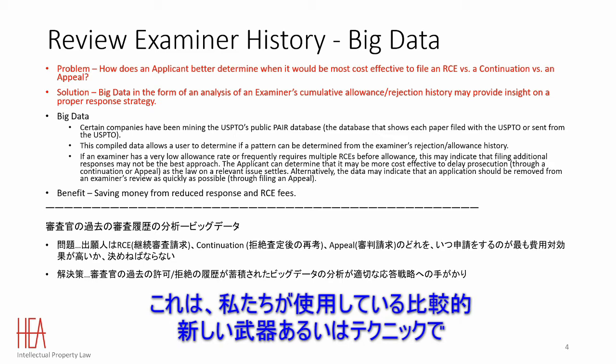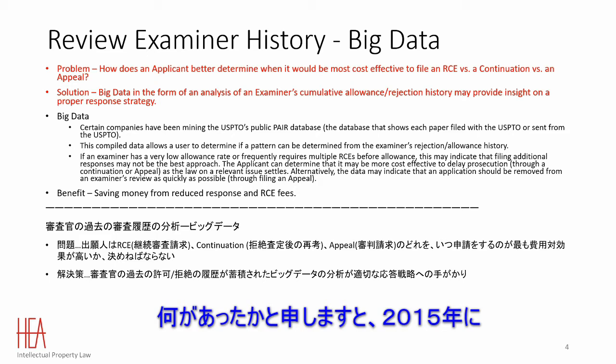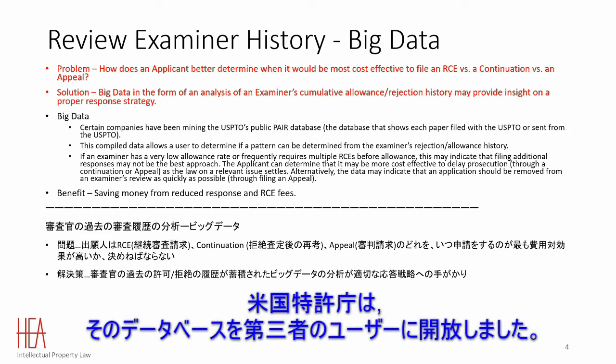Okay, so this is a relatively new kind of weapon that we have or technique that we have when prosecuting applications to the PTO. So basically what happened was in 2015, the USPTO opened their database to third-party users.